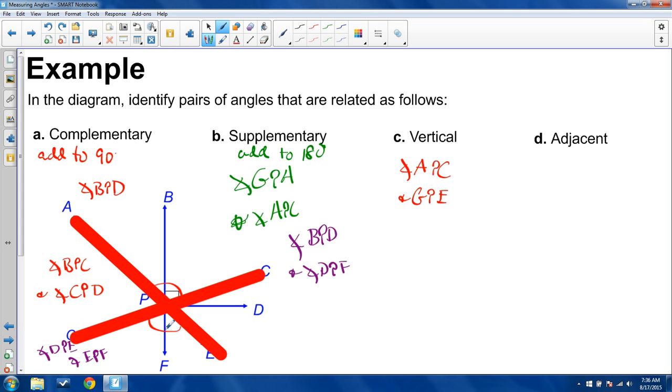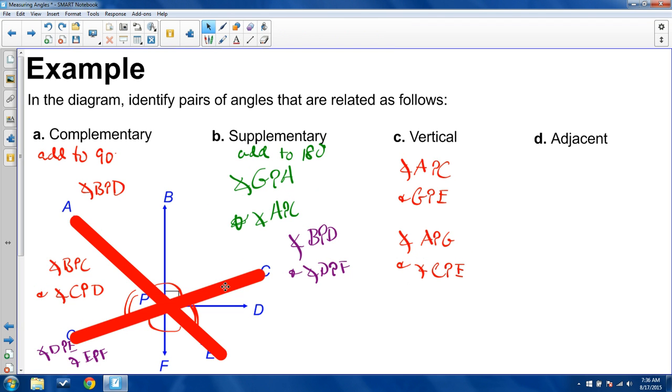Those are vertical angles. Those are congruent. Another set in this case would then be angle APG, this one right here, and this one right here, CPE. Okay, those are also vertical angles.